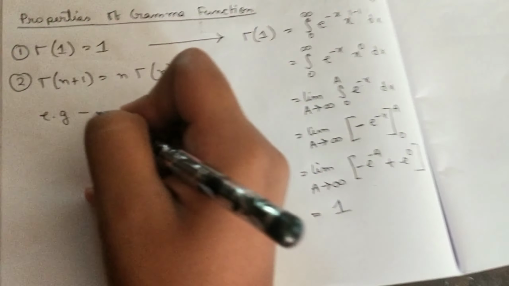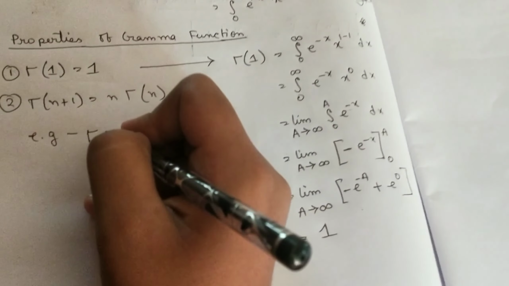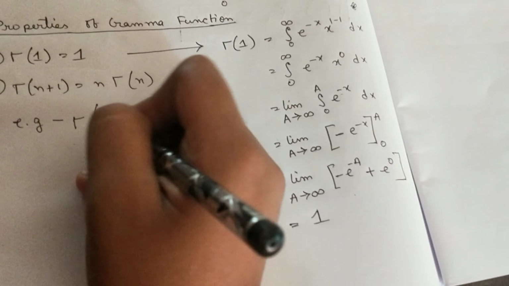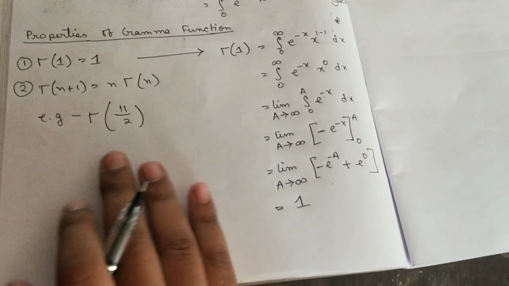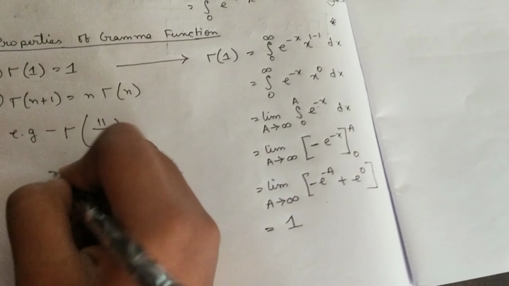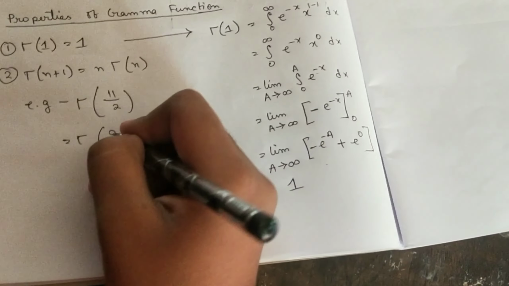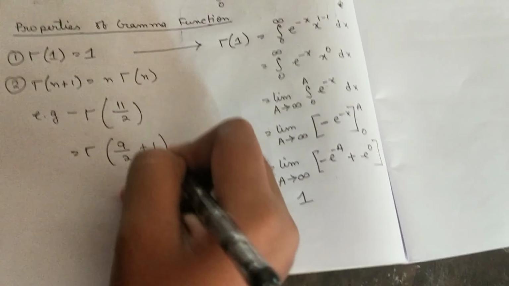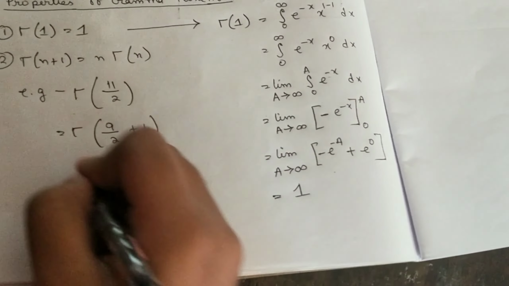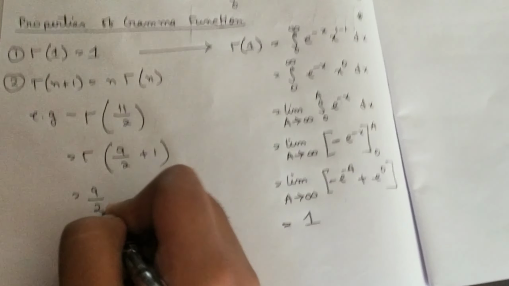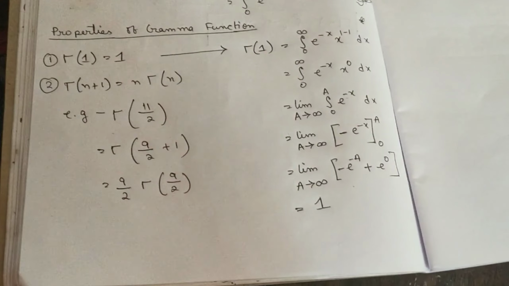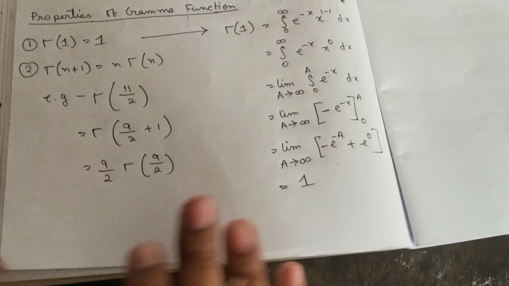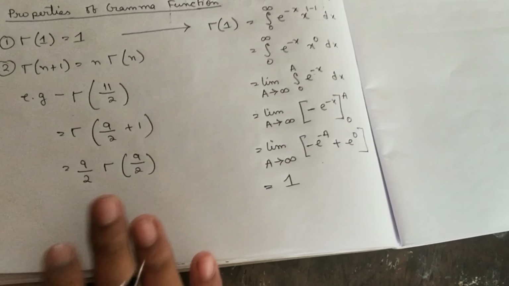Suppose the question given is to evaluate gamma 11 by 2. Gamma 11 by 2 we can write as gamma 9 by 2 plus 1, right? So we can write here 9 by 2 gamma 9 by 2. Okay, I hope this is clear to you.